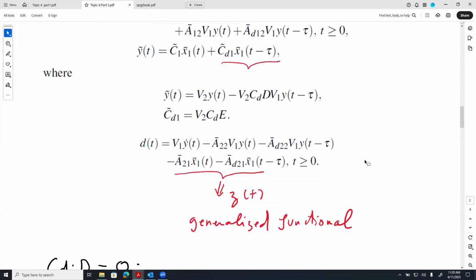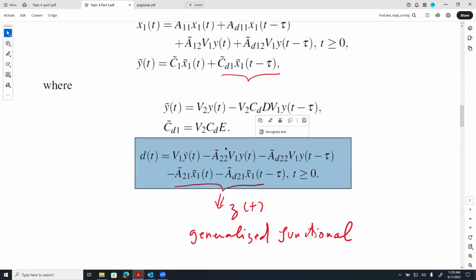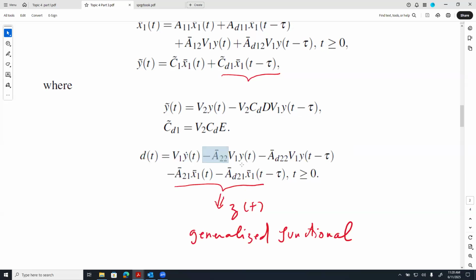Now, observing this unknown input, again, it's just a derivative of output measurement number 1, combination of the output measurement number 1, and delay. Actually, this is because V1 has a special structure. So this is basically containing Y1 of t, if we use Y1 of t as the preferred output measurement in the decomposition.